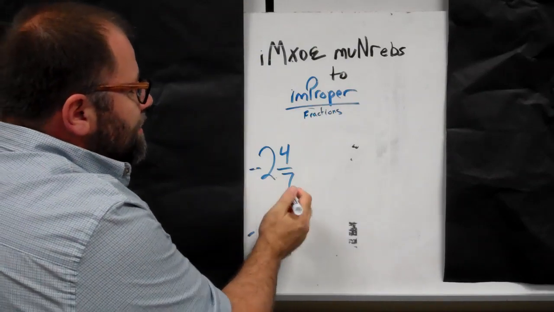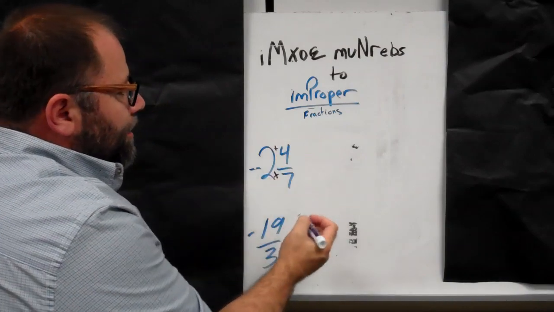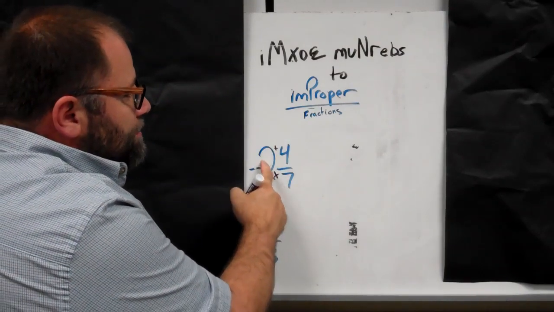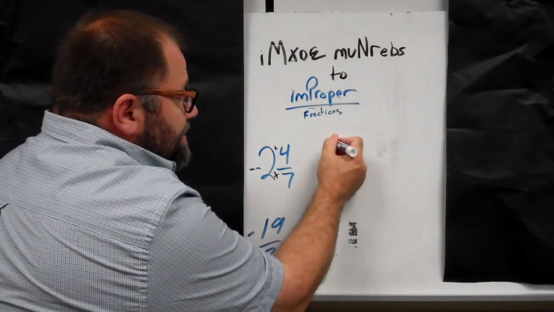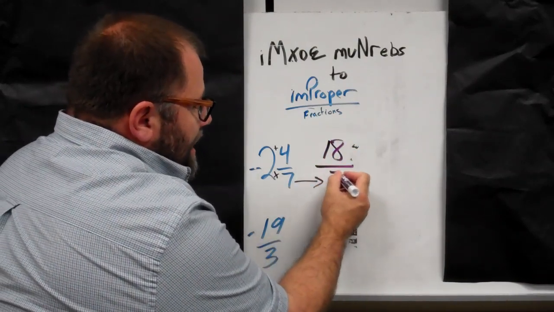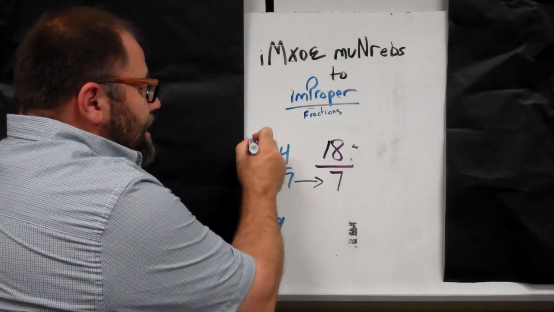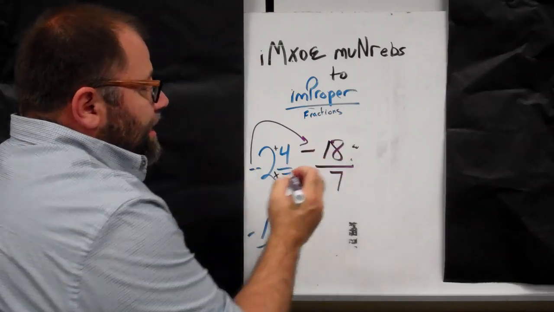So when you look at this, you're aware of this. We're going to multiply here and we're going to add here. So 7 times 2 is 14 plus 4 is 18. And we maintain our same denominator. So we have 18 sevenths. And let's bring that negative over now and call it negative 18 sevenths.